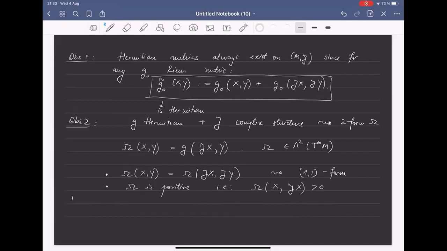Okay, so as I said, omega defined in such a way is called the fundamental form of the metric G.